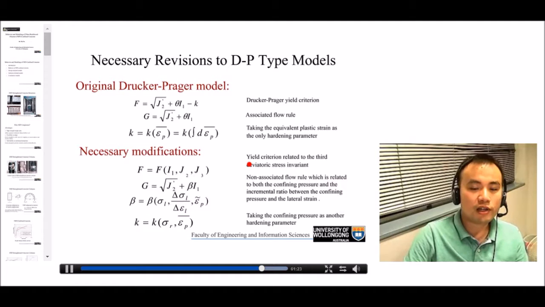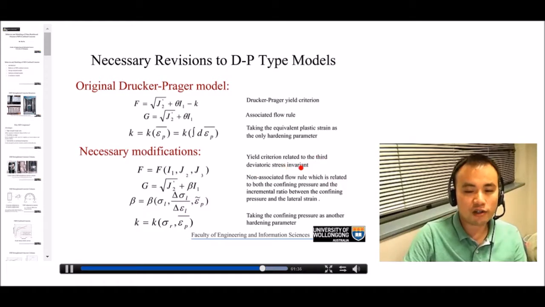Alright, now let's have a summary. There are three components of a plasticity model. For the yield criterion, the original DC model doesn't work. We have to include the third deviatoric stress invariant. For the flow rule, the associated flow rule doesn't work. The flow rule has to be non-associated.